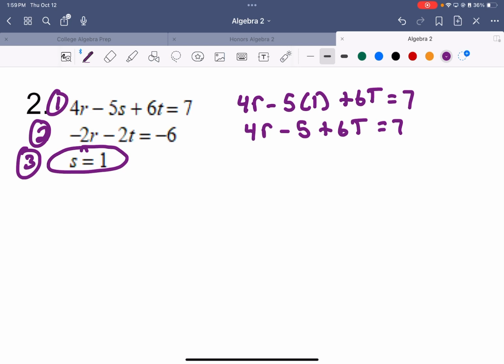So I'm going to have my r and my t values on the left-hand side, and I'm going to have my numbers on the right-hand side. So I'm going to go ahead and add 5 to both sides, and that gives me 4r plus 6t is equal to 12. Now, the reason I want to do that, this becomes equation number 4.